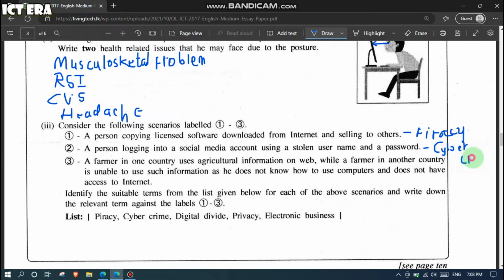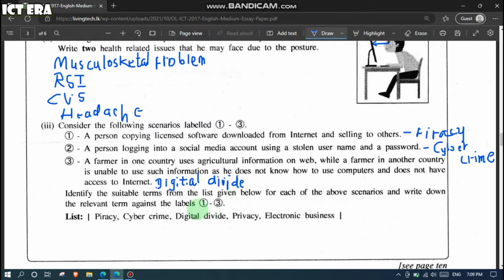And then a third one, a big statement. A farm in one country uses agriculture information on the web, while another farm in another country is unable to use such information as he does not know how to use computers and does not know how to access the internet. So it should be digital divide.